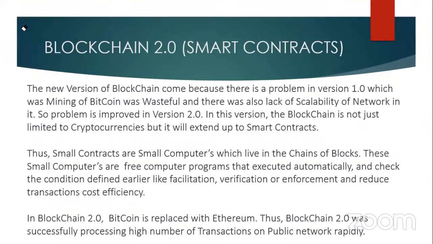Bitcoin 1.0 came with transparency, but at the same time it was not that scalable. So Bitcoin 2.0 came with Ethereum and solved the problem of scalability.